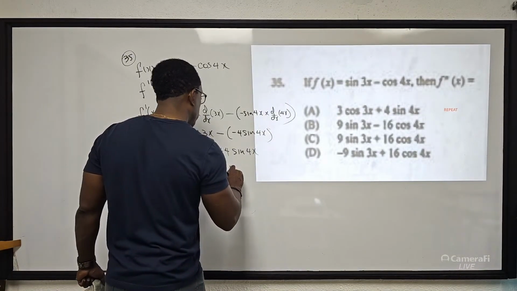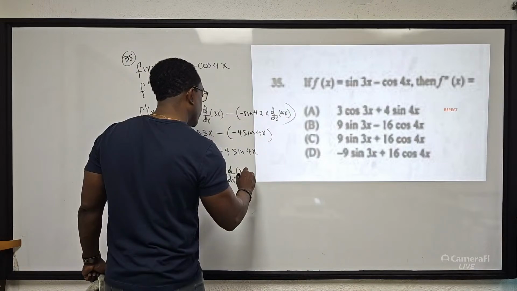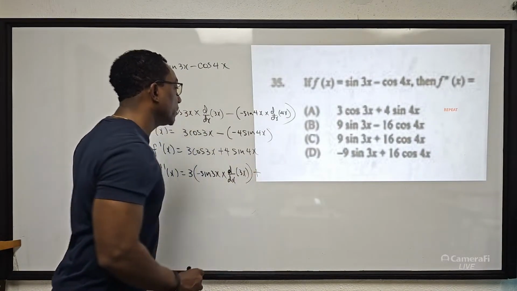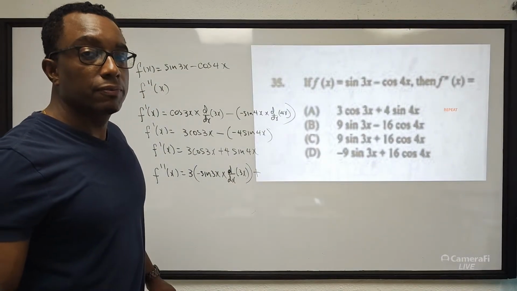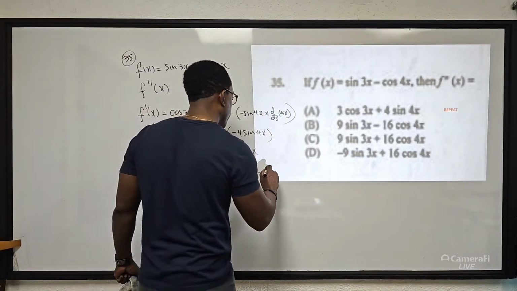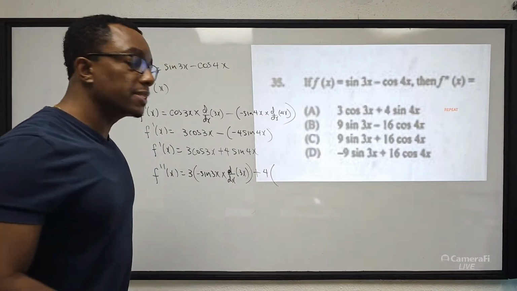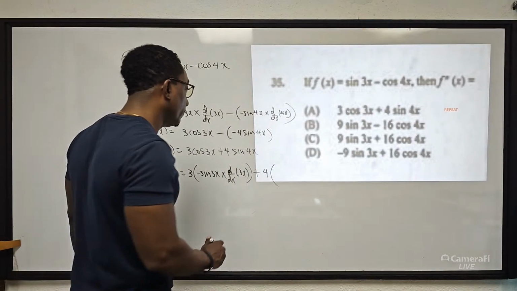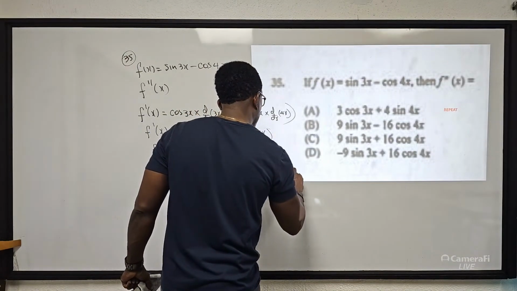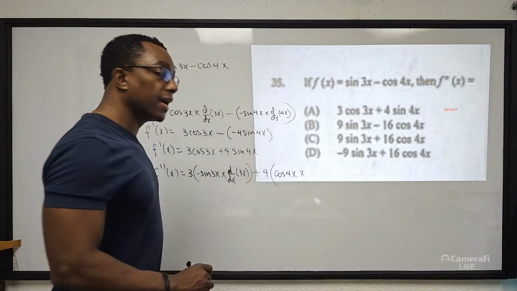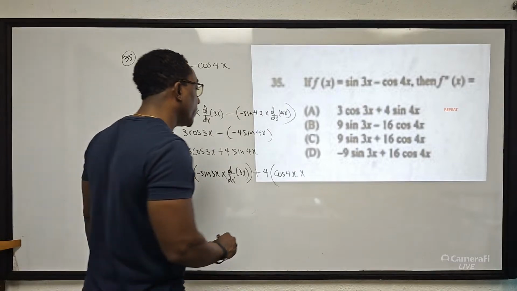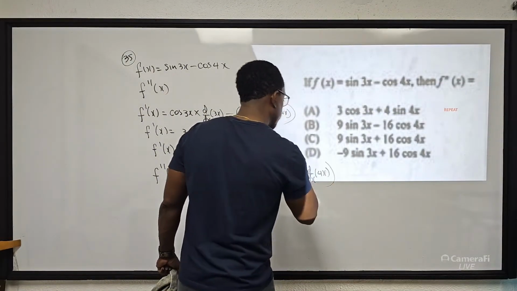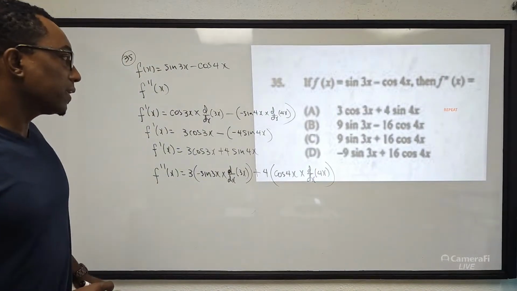Now let me differentiate 4 sine 4x. I hold my 4, and the differential of sine 4x will be cos 4x multiplied by, using the chain rule, the differential of 4x.